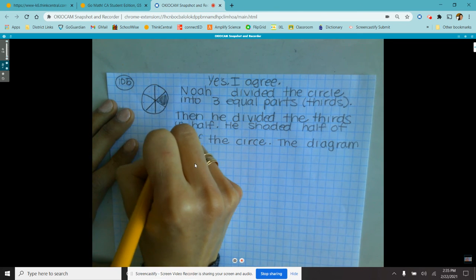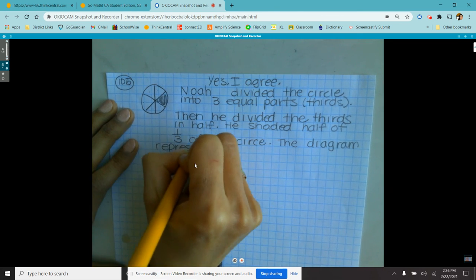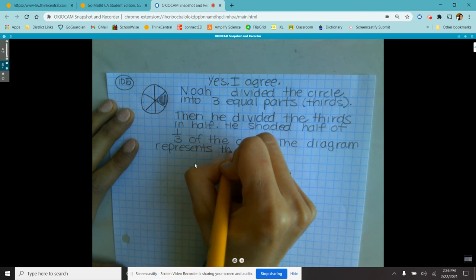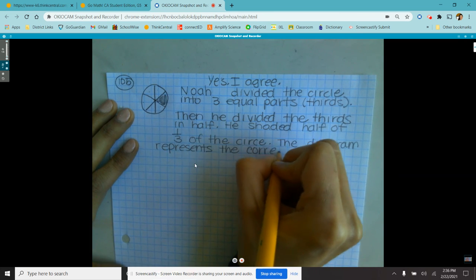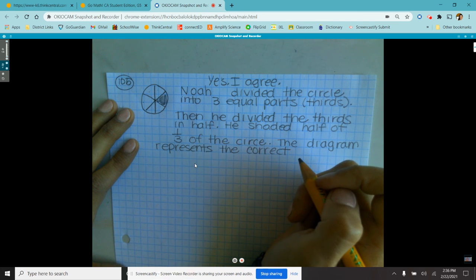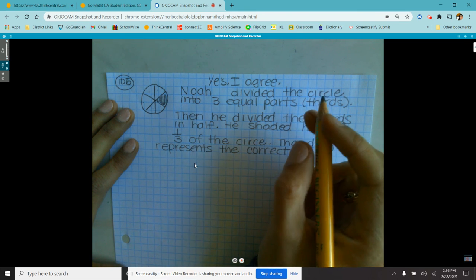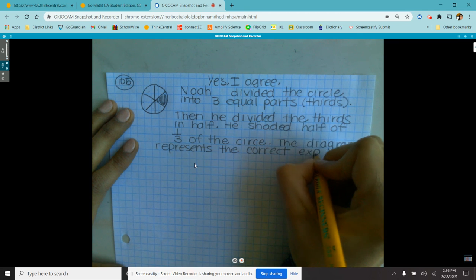The diagram represents the correct expression.